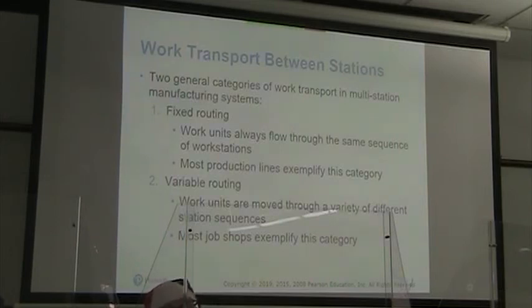In fact, they exemplify this category. And we can have variable routing, where our work units move through a variety of different station sequences, right? So this is more the idea of the job shop.